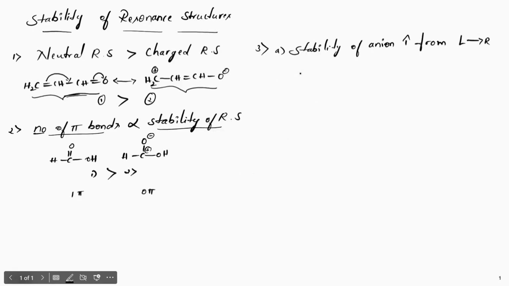That is, negative charge on carbon is less stable than N minus, which is less stable than O minus, which is less stable than F minus. Here, the negative charge on the more electronegative atom is more stable.